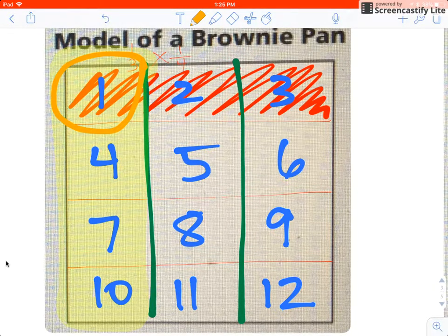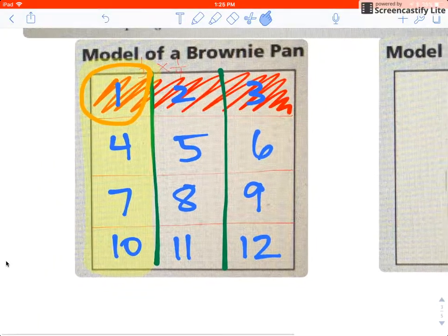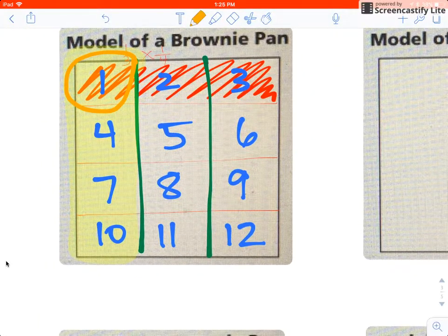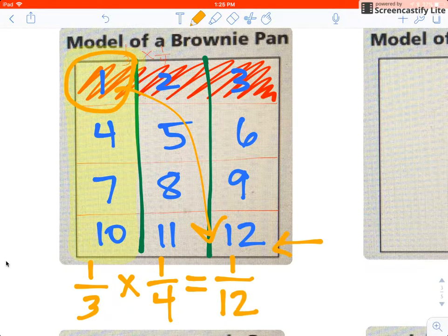The only pieces that overlap between the section I bought and how much brownie is left is 1. So now we'll go ahead and write our number sentence right underneath. 1/3 times 1/4 is equal to 1 section out of 12 pieces. So 1/3 of 1/4 equals 1/12.